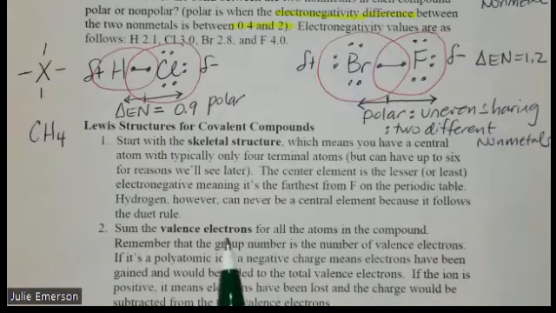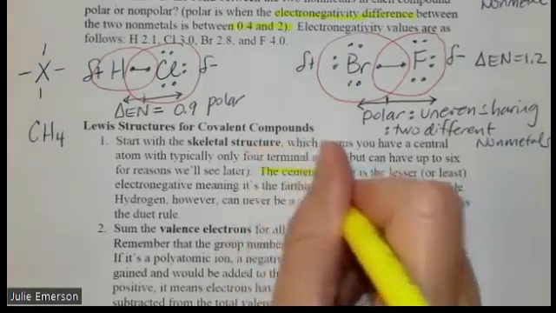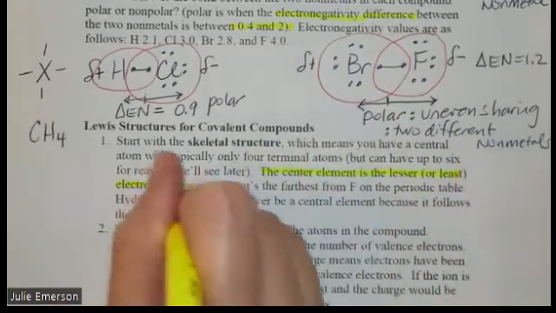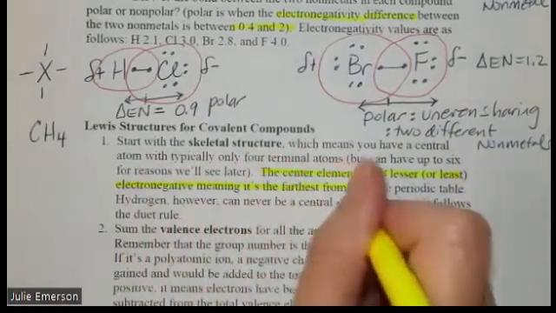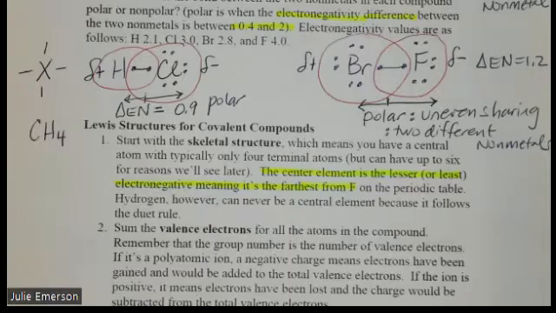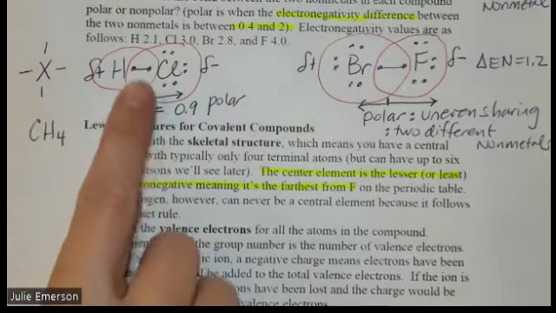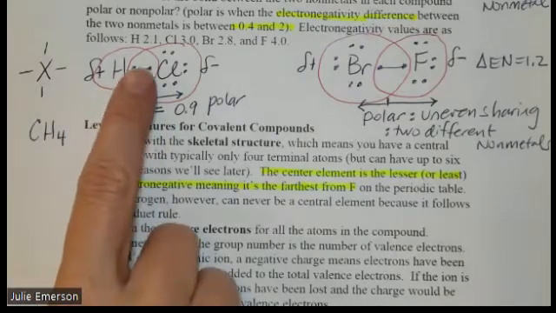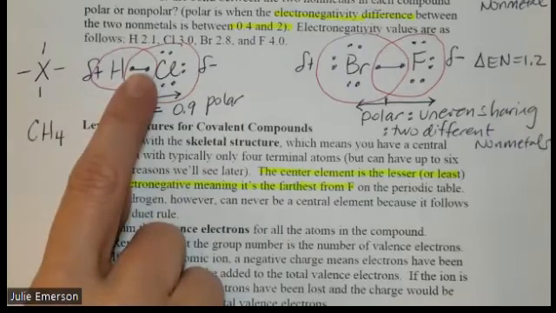So the rule with the center element is number one, the center element has to be less electronegative. And that means the center element is the one that's farther away from fluorine on the periodic table, right? Because if fluorine is the most electronegative, the element farthest away from it should be the least electronegative. So that's number one. The exception to this, however, is that hydrogen, because it follows a duet rule, can't have anything more than one bond.